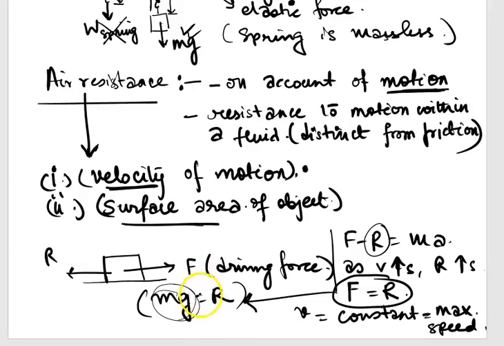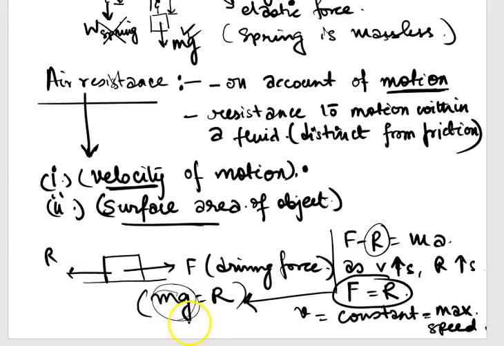So one thing that you need to remember when you're looking at the parachute as an example, when you're studying air resistance, is that there are two instances wherein the R equals mg condition is reached. One, when the parachute is opened and the surface area of the person increases drastically, causing the air resistance to also increase drastically, causing a reduction in speed, which is counterproductive because the air resistance now reduces. So mg starts playing a major role again, and it starts pulling the object down.